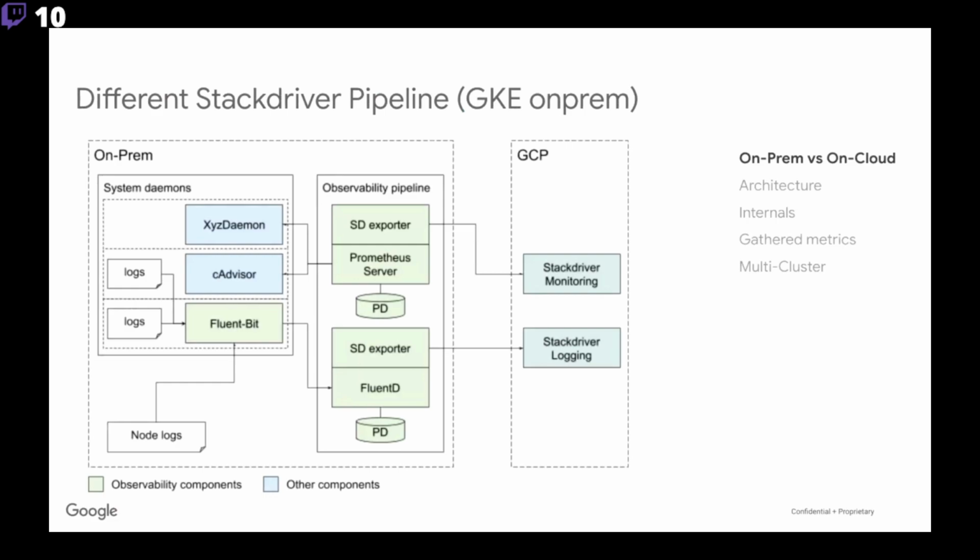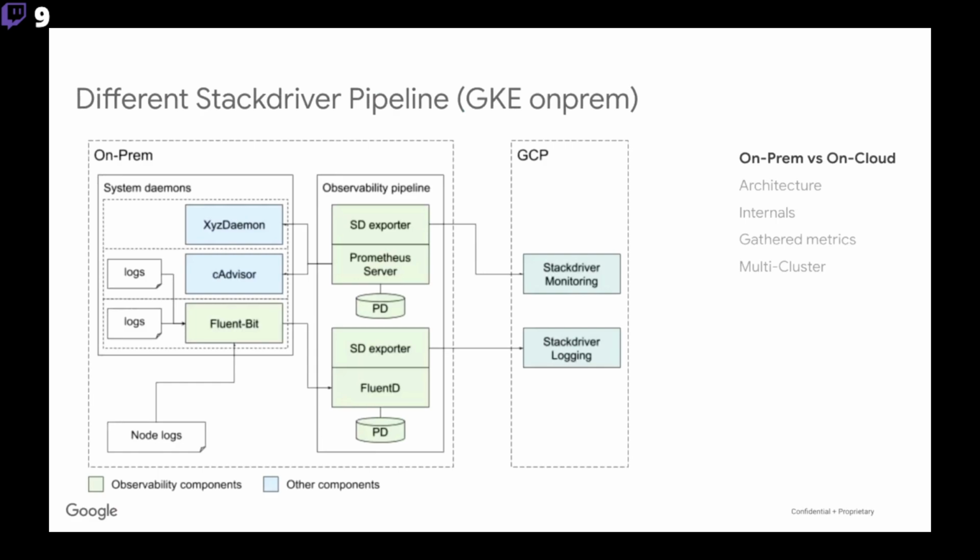The on-prem is a little different. You can see that there is only one link from the SD exporter to the Stackdriver monitoring API. That is because the metrics are centrally scraped by the Prometheus server from various pieces, and you can view the Prometheus server as a buffering kind of layer.